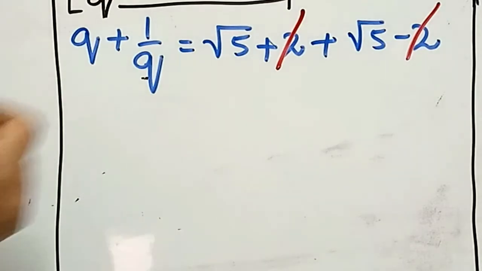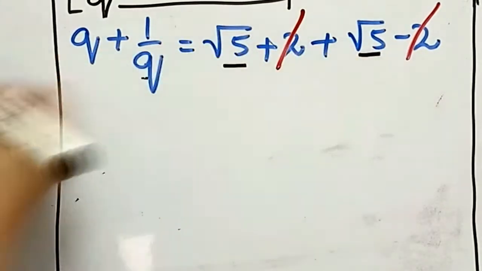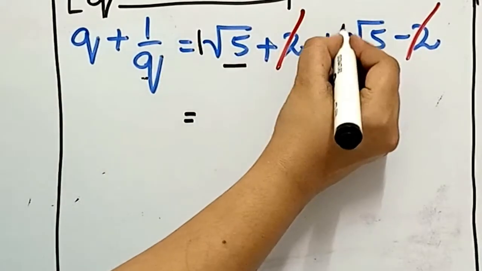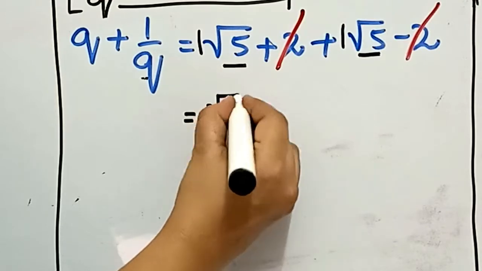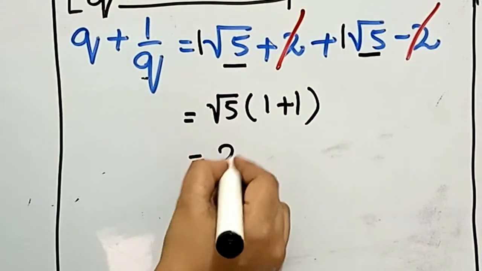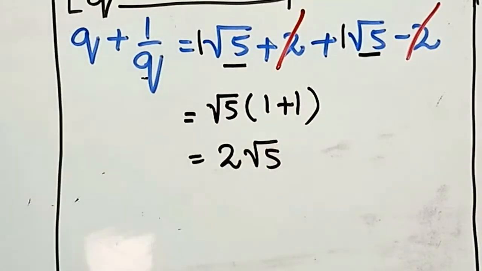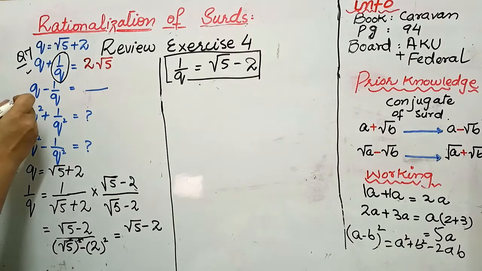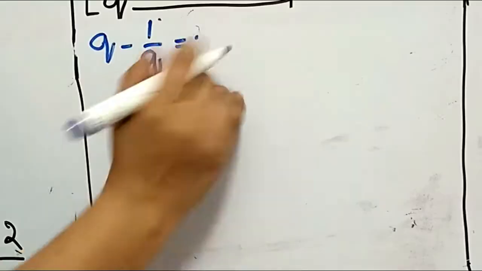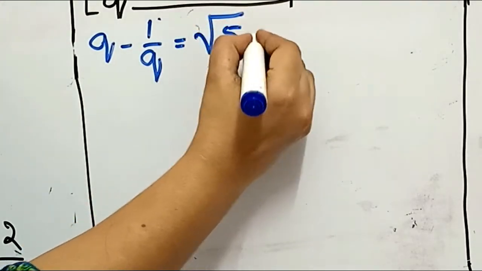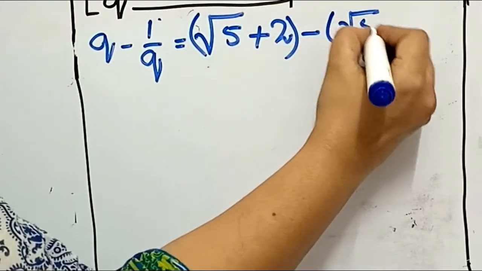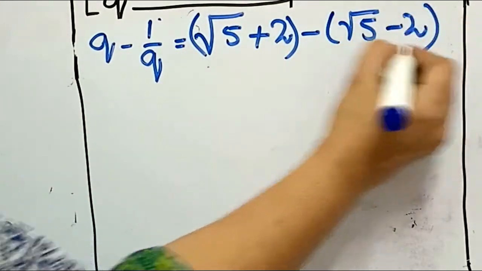Here in the same case, let us consider it as a variable. What is the coefficient? 1, and taking under root 5 as common, 1 plus 1, that is 2 under root 5. Now we are going to find the value of Q minus 1 upon Q: under root 5 plus 2 minus under root 5 minus 2.